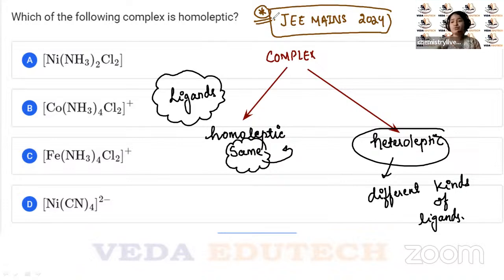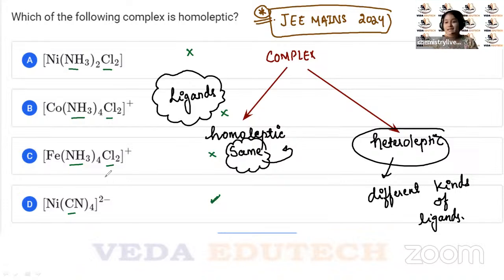You just had to know what homoleptic meant. As you can see, in the first case, we have NH3 and Cl, so we are having two types of ligands. So that is not possible. Again, NH3 and Cl, two types of ligands, so this is not possible. NH3 and Cl, this is again not possible, and this one is possible, right?